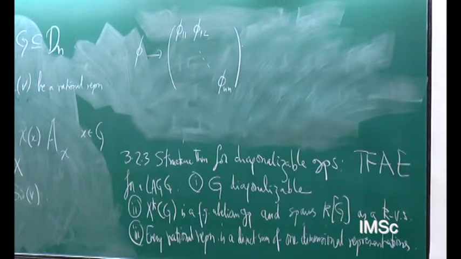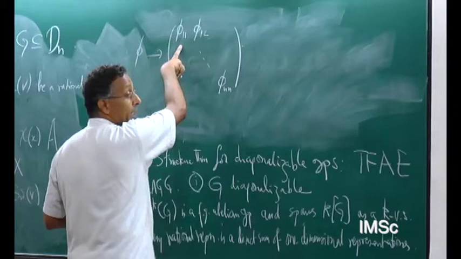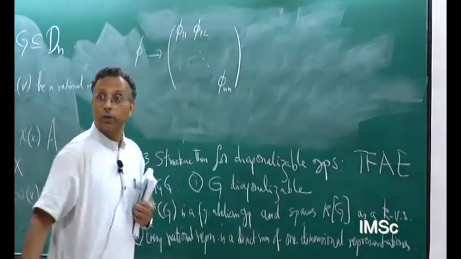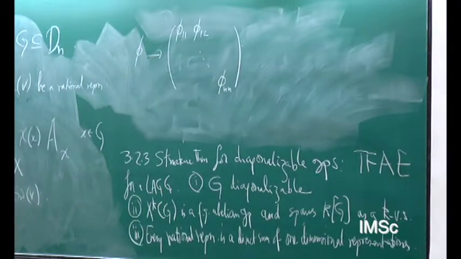Now each phi_ij is a linear combination of characters. You take the first function, write it as a linear combination of characters. Take the second one, write it as a linear combination of characters. There are n square of them. For each one of them, you write it as a linear combination of characters.